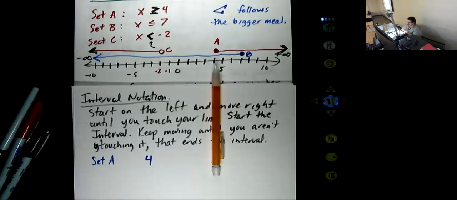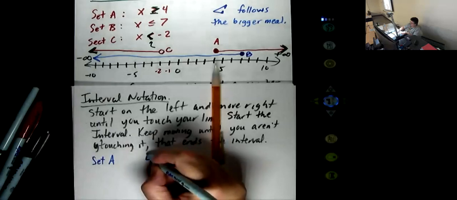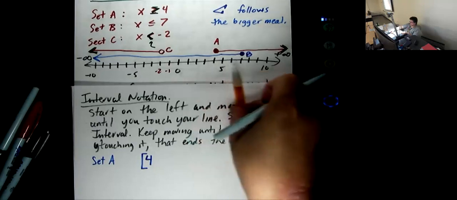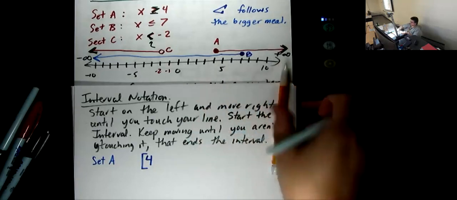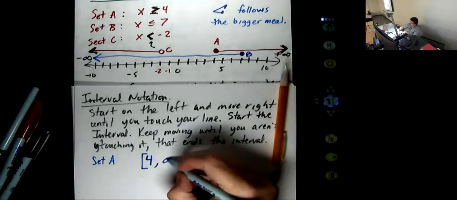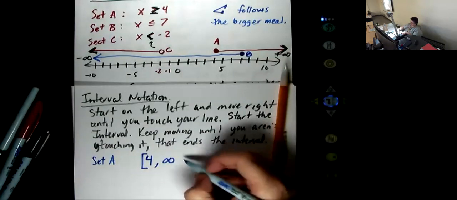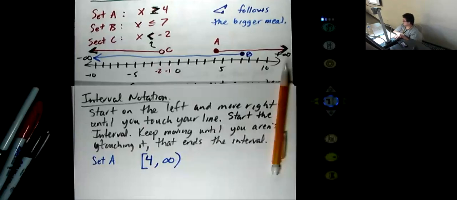It's the greater than or equal to part. It's got a solid point, so I am going to use a bracket. I keep going and it goes all the way to infinity. Once I see an arrowhead, it means it keeps going. Infinities get parentheses.